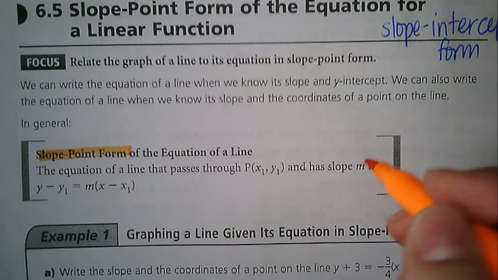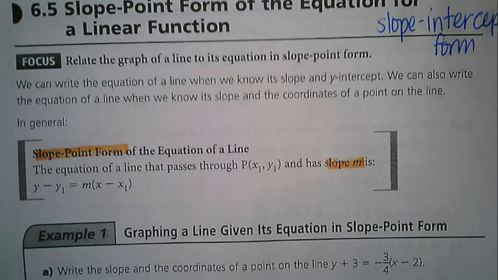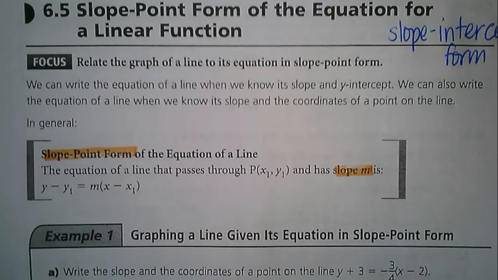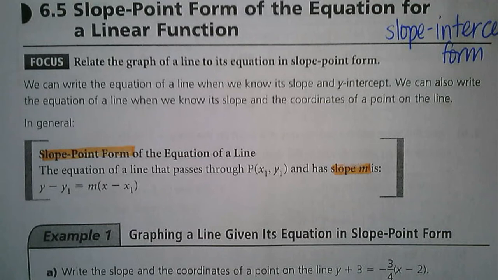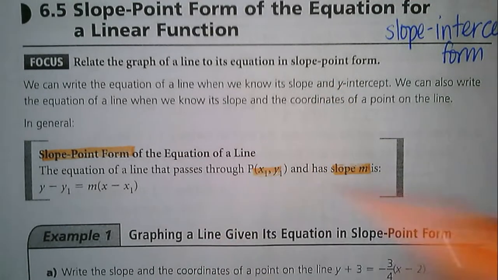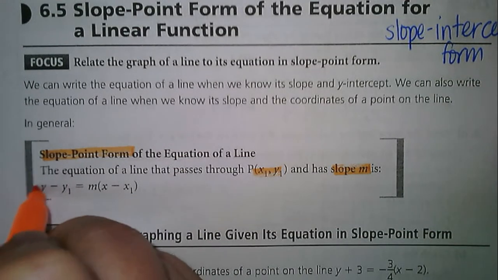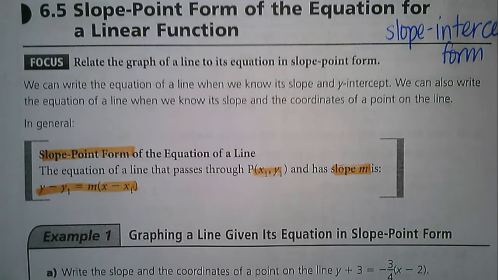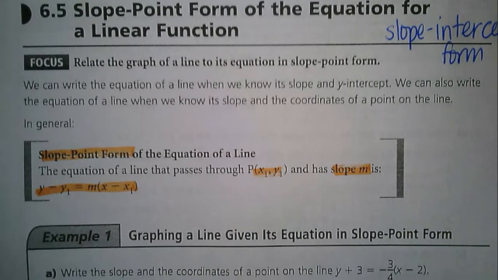We will be given the slope, which again is represented by m, and we will be given a point on the graph, in other words, some value of (x1, y1). So this is the equation that we use for slope point form: y minus y1 equals m(x minus x1).